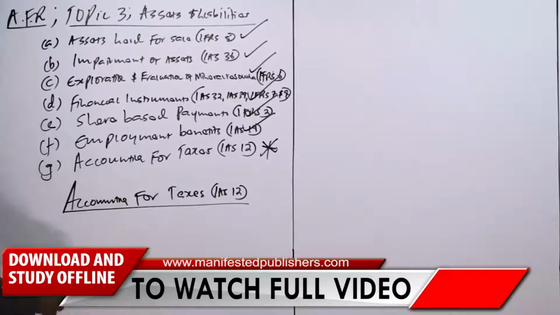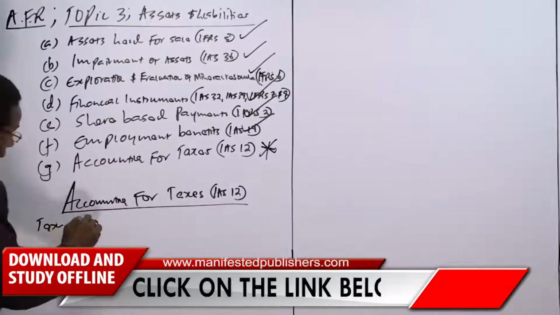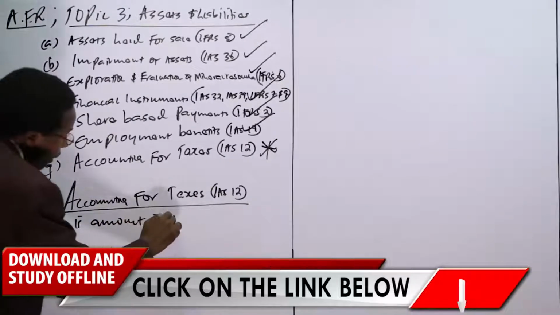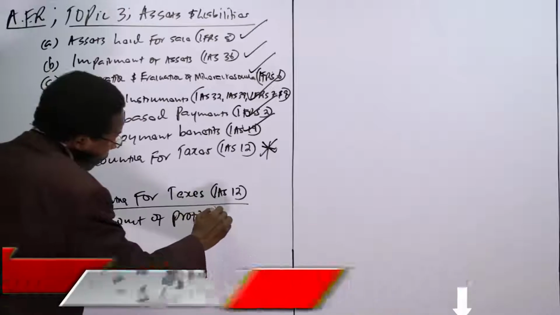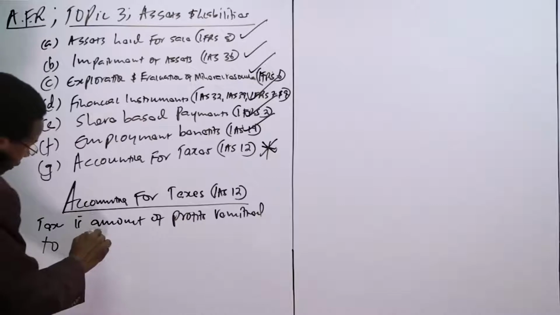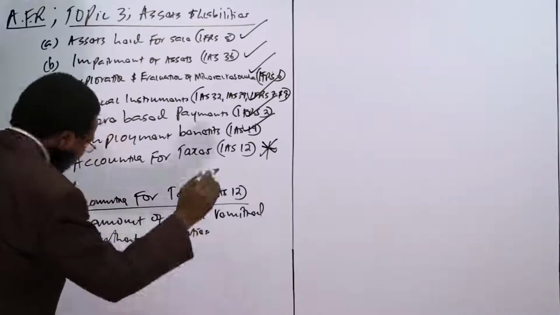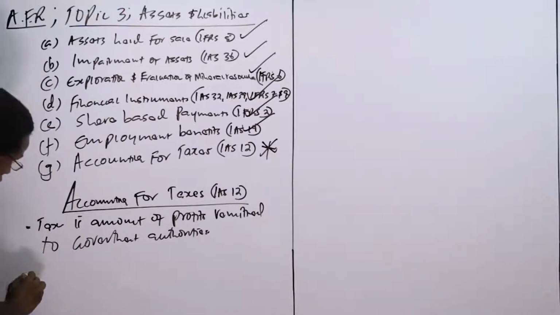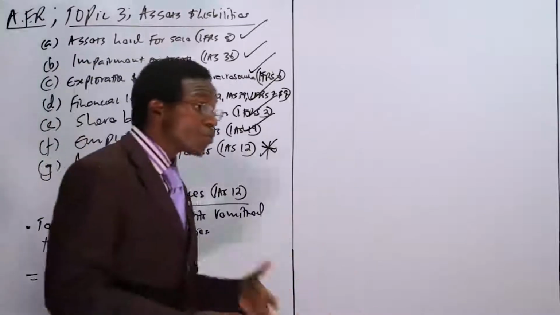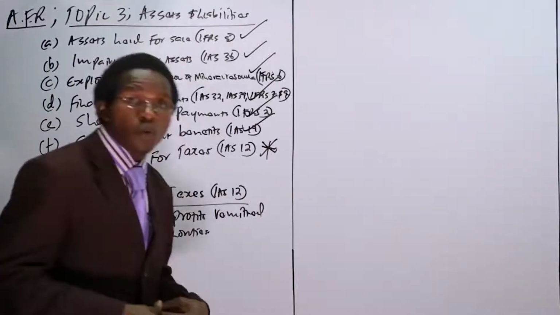Let me just say that tax is an amount of profits remitted to government authorities for operations, for financing the activities. In accounting for taxes, we are not concerned with the amount recognized to be remitted to the tax authorities, but with how we account for tax in the books of accounts.